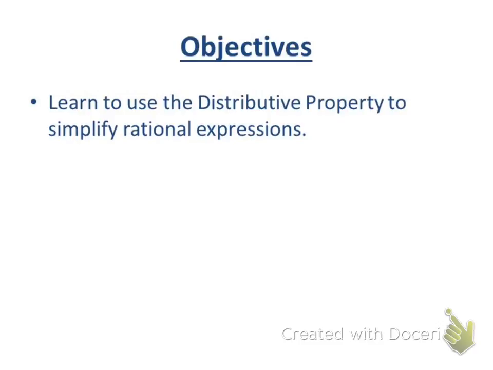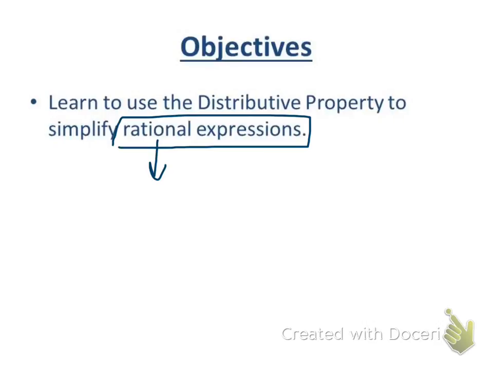Today we're learning to use the distributive property to simplify rational expressions. Now, what do we mean by rational expressions? What do we mean by rational mathematically? Something over another, something in the form of a fraction. A ratio, yes.